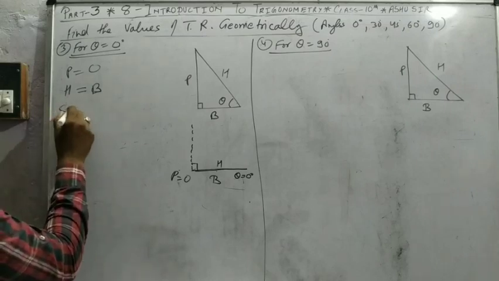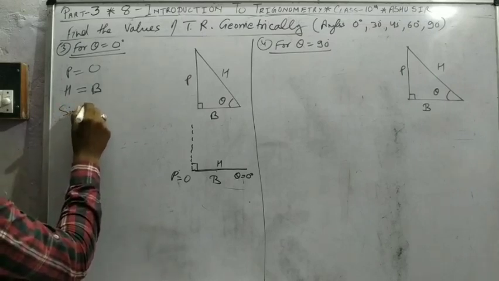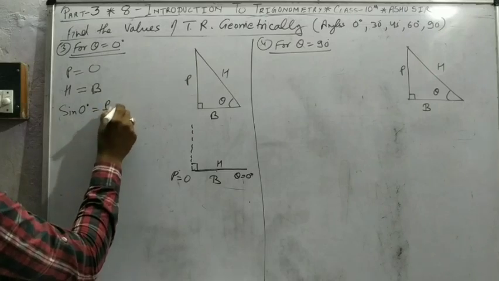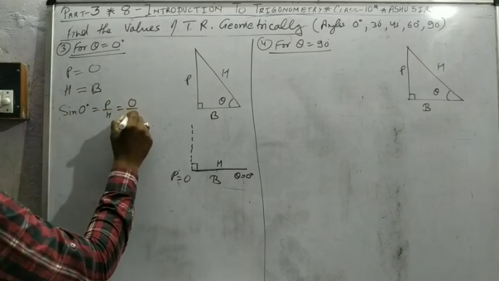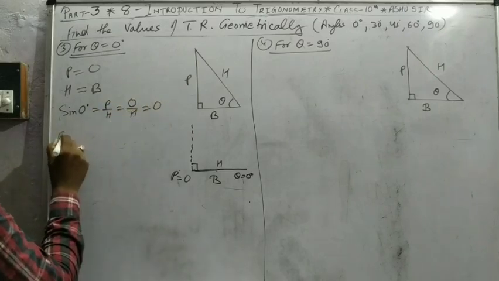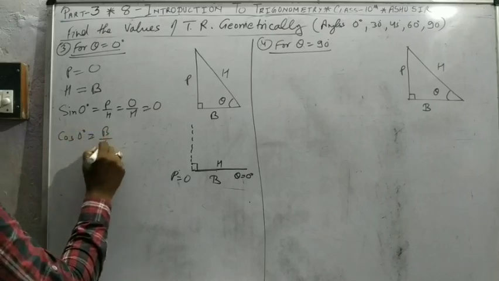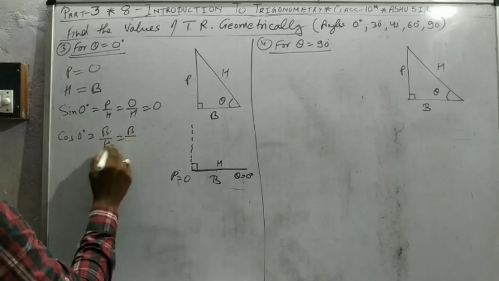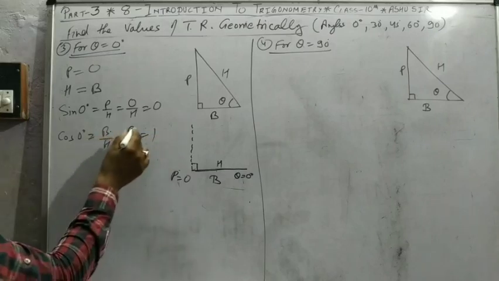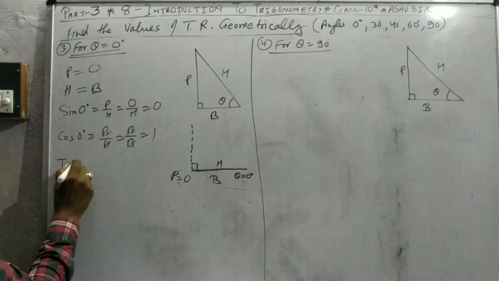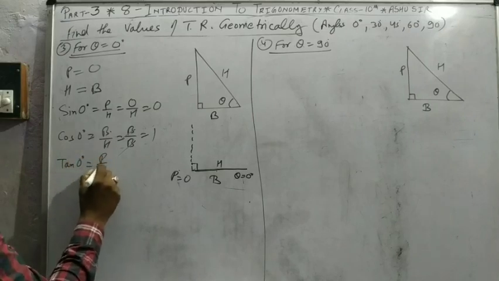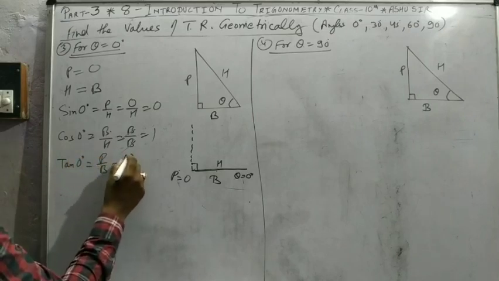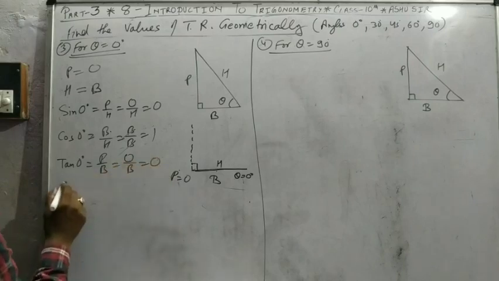So find it. Sine 0 degree, P by H, P is 0, so 0. Cos 0 degree, B by H, B and H are equal, so 1. Tan 0, P by B, P is 0, so 0.